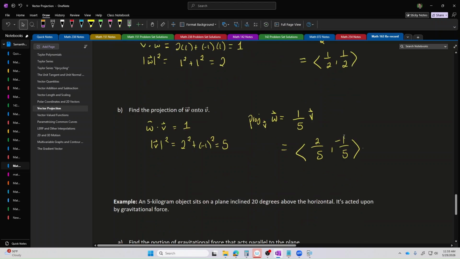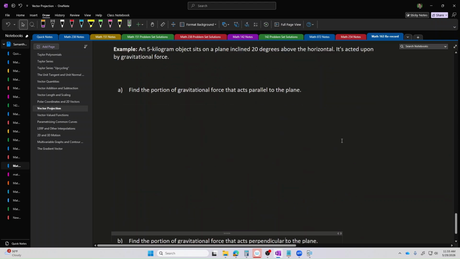So that's the first thing that I'm going to do in this applied problem. I'm going to represent both the force and the plane by vectors so that I can use that projection formula with the dot product and everything.